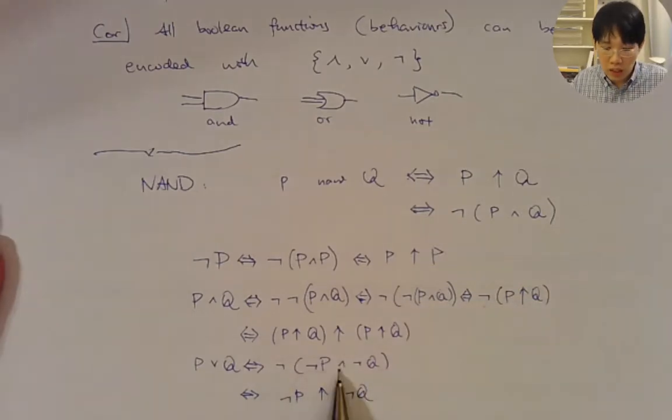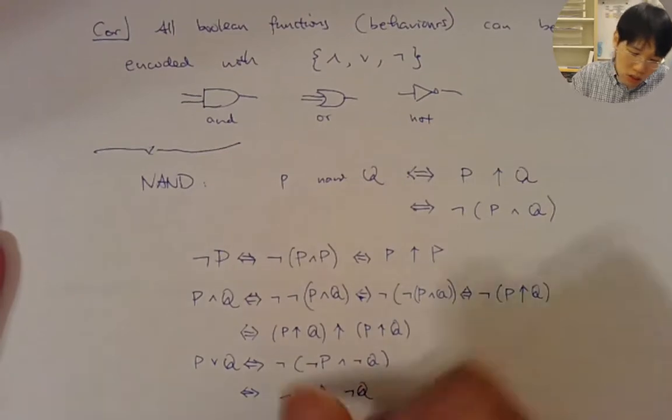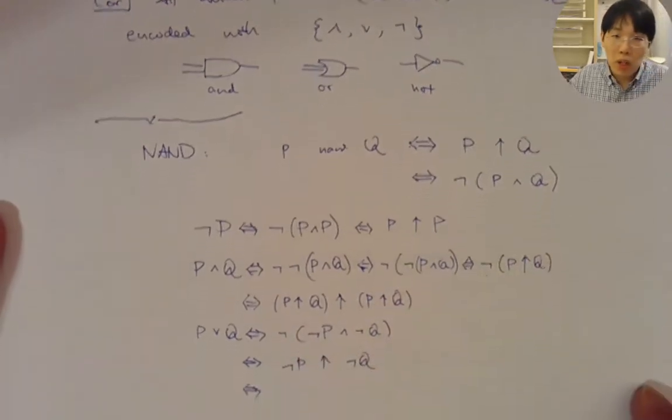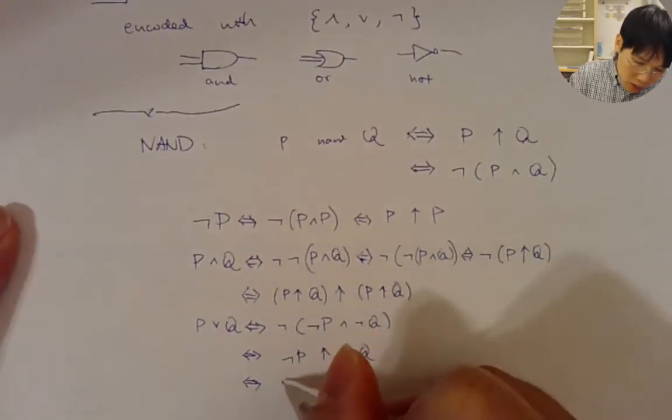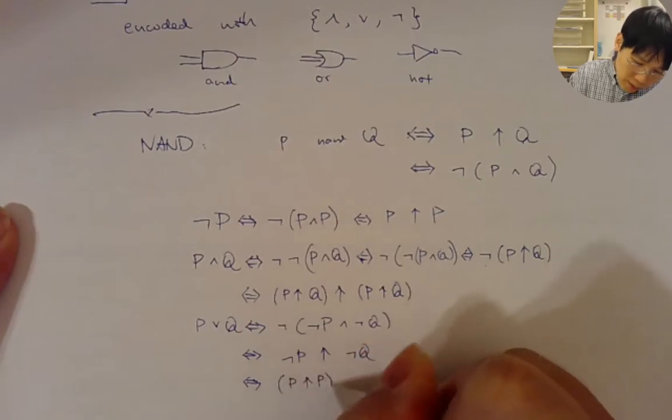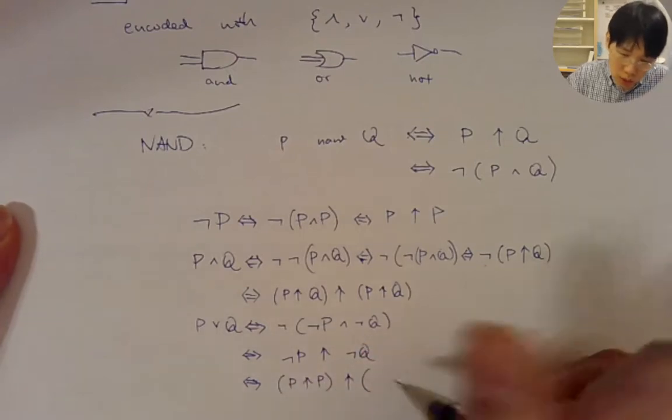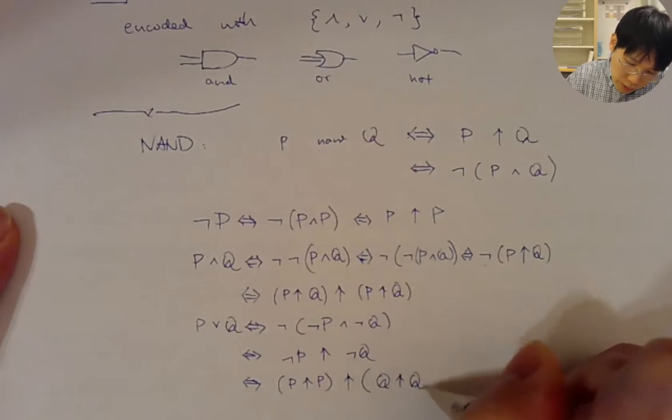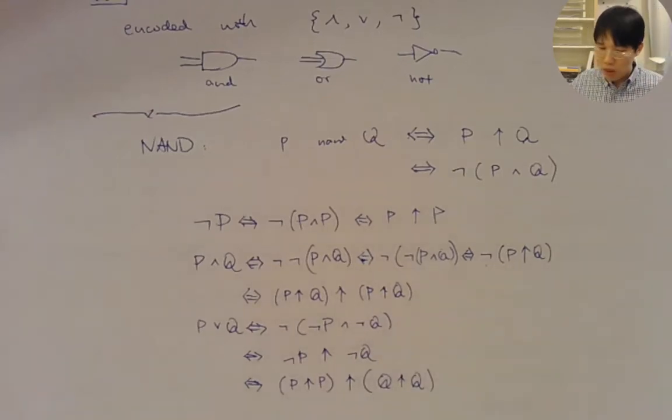Not and, so that's the NAND. And then by what we figured out above, not P is P NAND P, and not Q is Q NAND Q. So again, we were able to rewrite OR using 3 NANDs.